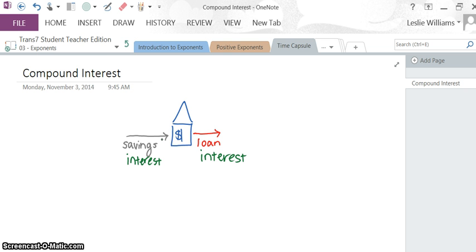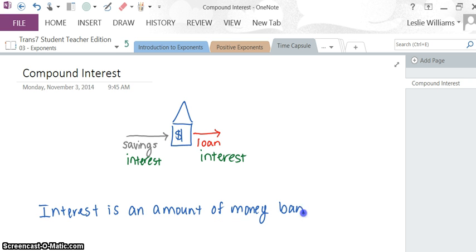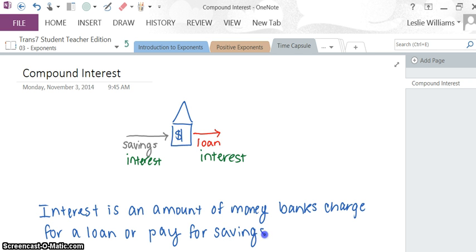So interest is an amount of money banks charge for a loan or pay for savings accounts.